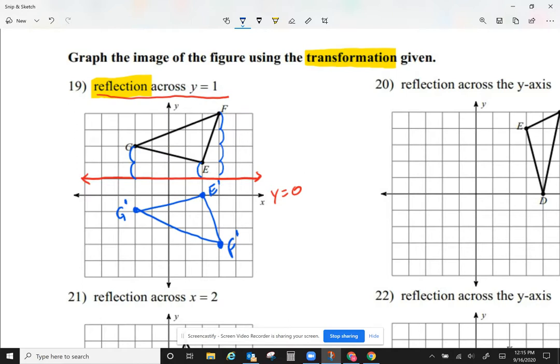For the homework, it will be a little bit difficult to graph this, so I'm going to ask you for a specific point. I'm going to be asking for the coordinates of a specific point. As an example, if I ask you to give me the coordinates of G prime, I just want you to do this transformation to G. If you look at my point G prime, the coordinates are -2, -1.